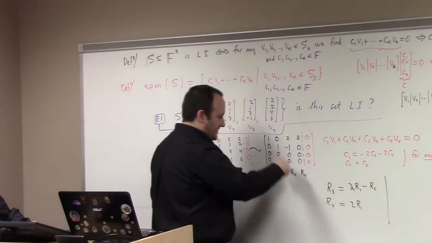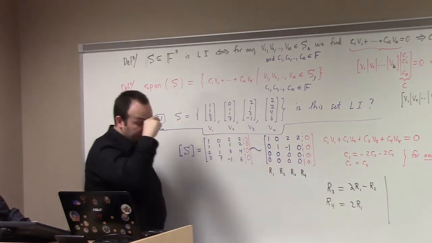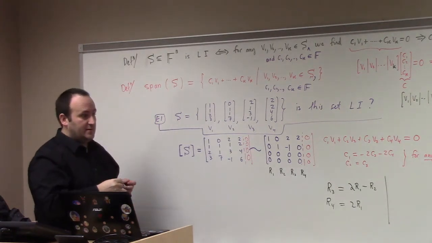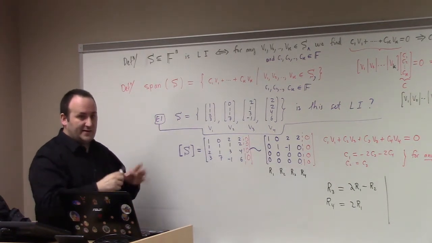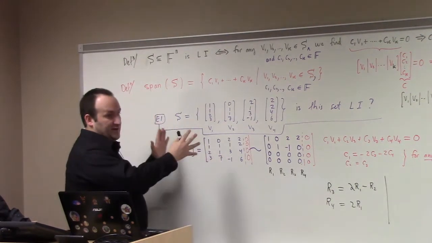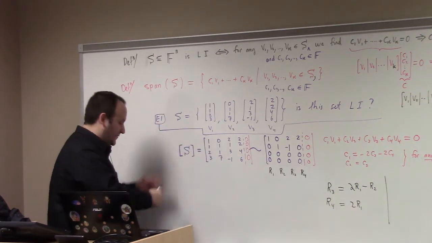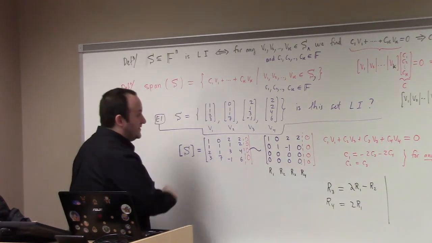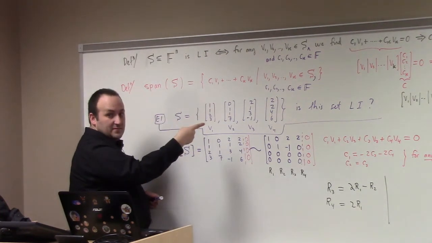Now, that statement is about the reduced row echelon form of the matrix, but the column correspondence property tells me that those same patterns are evident in the original matrix. That's the column correspondence property. And over here, they're not as obvious, right?